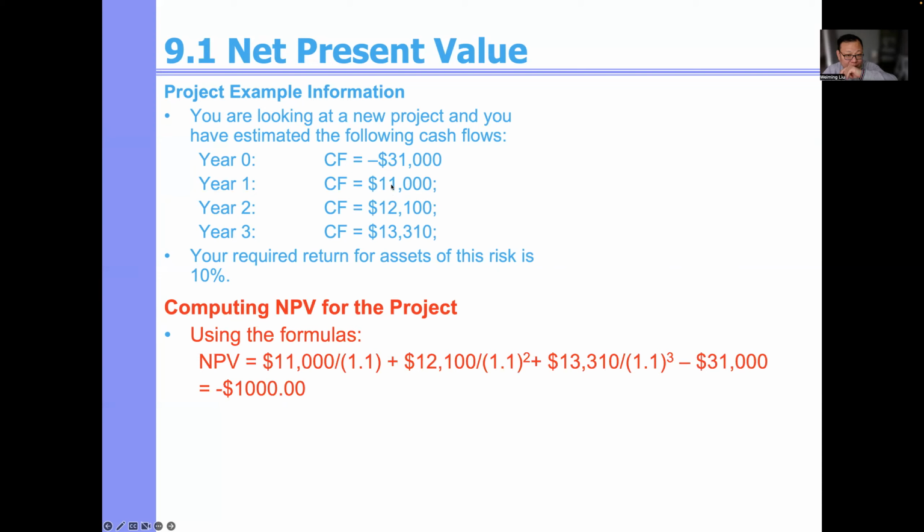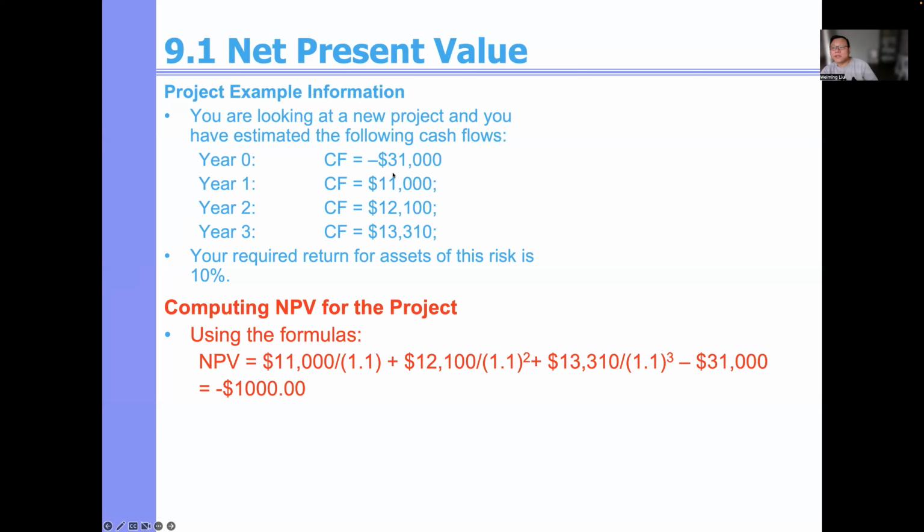First, at the end of year one, that 11,000 has to be discounted to calculate the present value. And the discount factor is 1.1, which is 1 plus 10%, where 10% is the required return. That will be the discount factor. So you go 11,000 divided by 1.1.